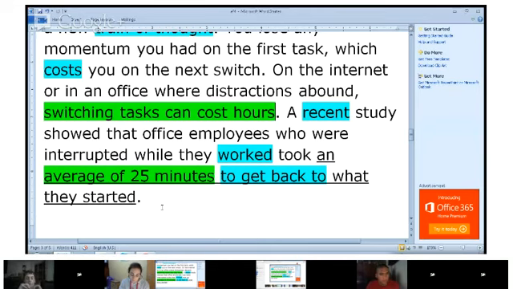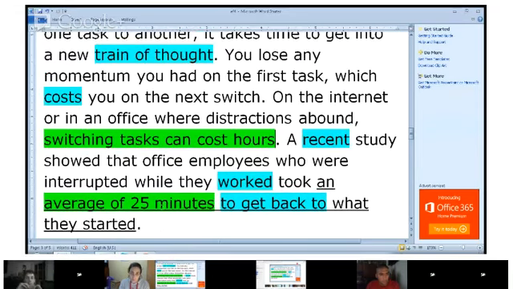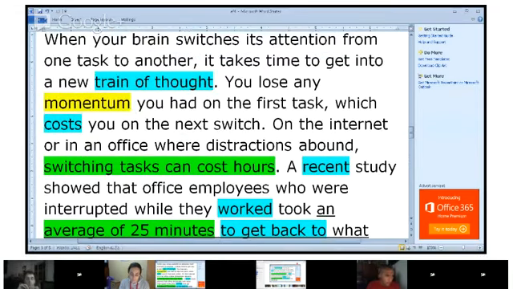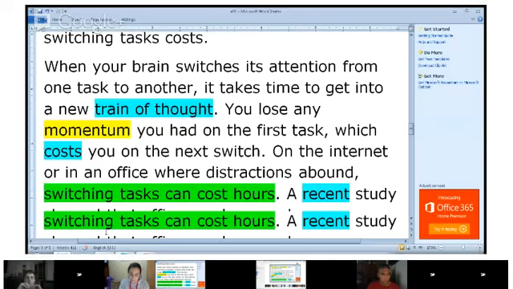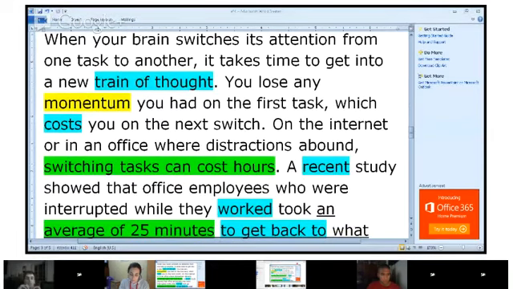And do people understand momentum? Do people understand the word momentum in this context? I think it's like taking time. So momentum? The focus? Well, not quite.